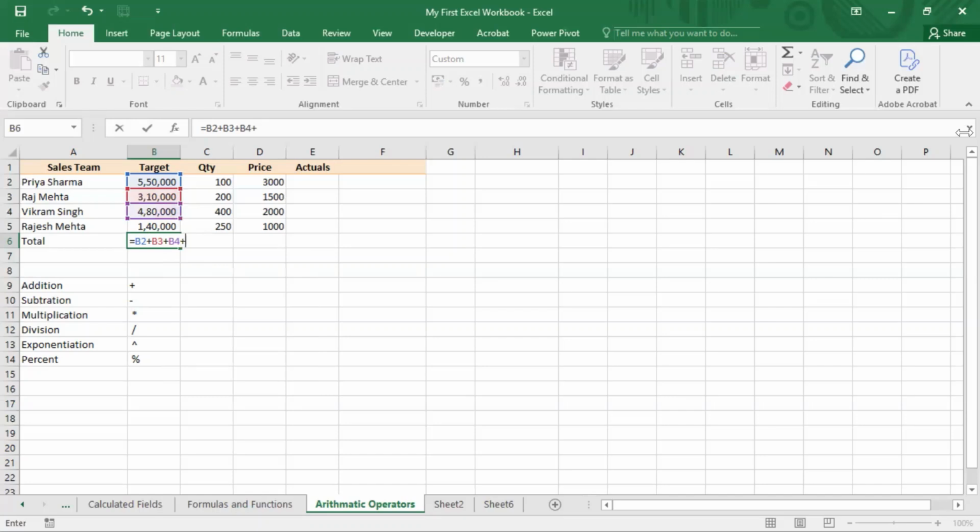That's how you add using the plus operator. Pretty simple. Here we need to understand that the addition sign is being used.